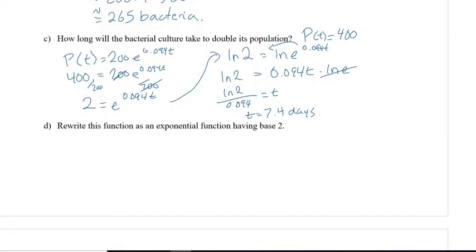And lastly, question D is asking us to rewrite this function as an exponential function having base of 2. So let's start by writing out the function. P of t is equal to 200 times e to the 0.094t.